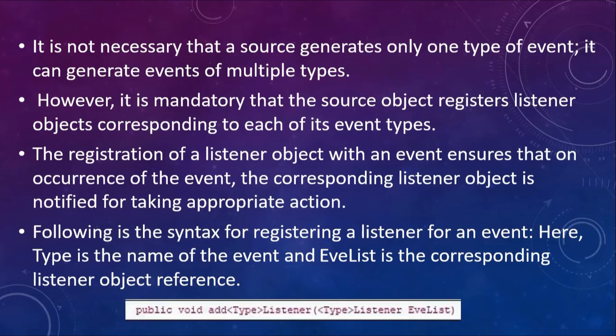Here, the type is nothing but the name of the event. So it is public void add name of the event, Listener, again with the name of the event, whereas evlist is the corresponding listener object reference.